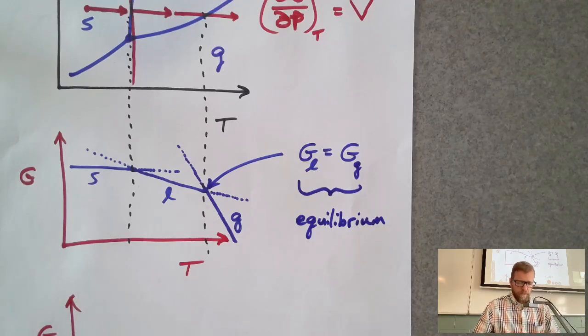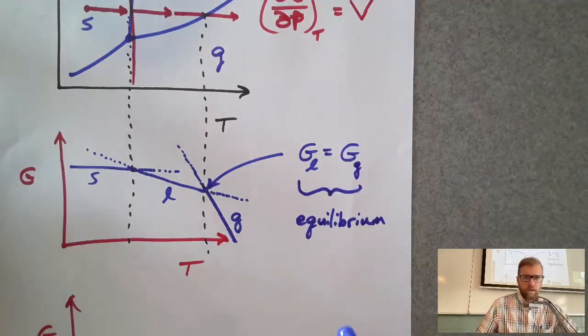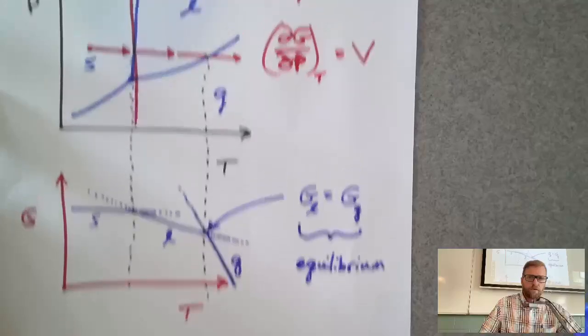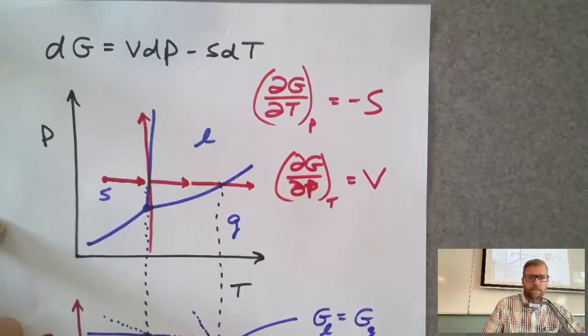So if you move away from equilibrium, you move just to the right a little bit, you increase the temperature, or move to the left a little bit, you decrease the temperature, then the system is going to want to turn either all gas or all liquid, right? Okay. So that's a little bit about phase diagrams.